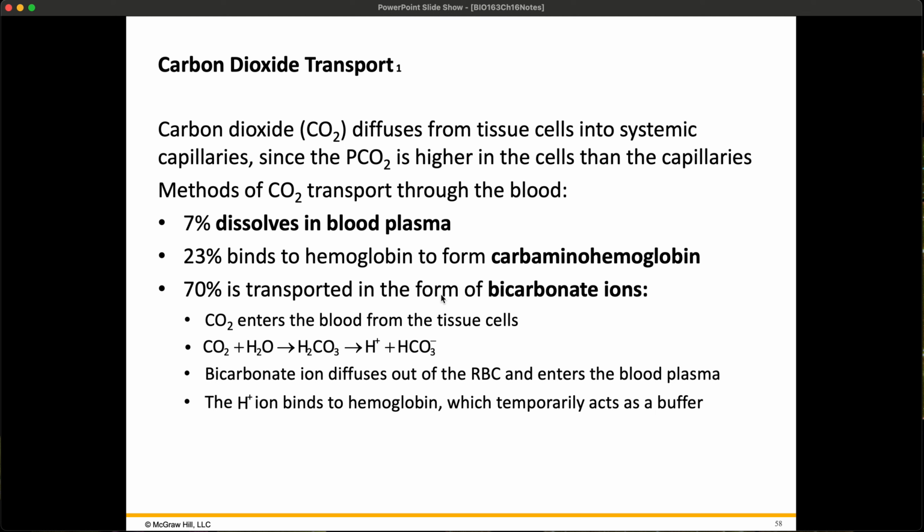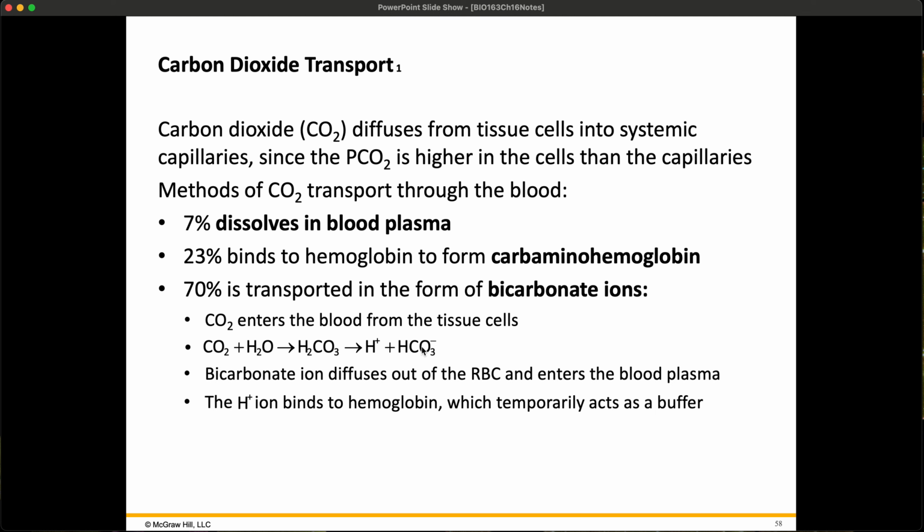CO2 acts as an acidic agent, and so it causes your pH to decrease. So once our body is transporting CO2, rather than just transporting it straight as CO2, because CO2 will combine with water to form carbonic acid, and this is what's going to make your blood pH start to decrease. But in the cells, in your red blood cells, carbonic acid will actually split to form a hydrogen ion and a bicarbonate ion.